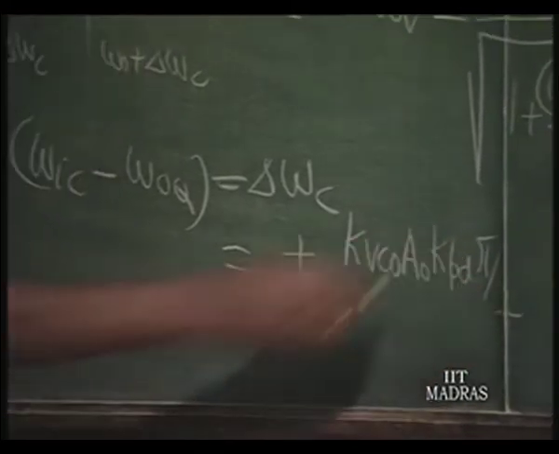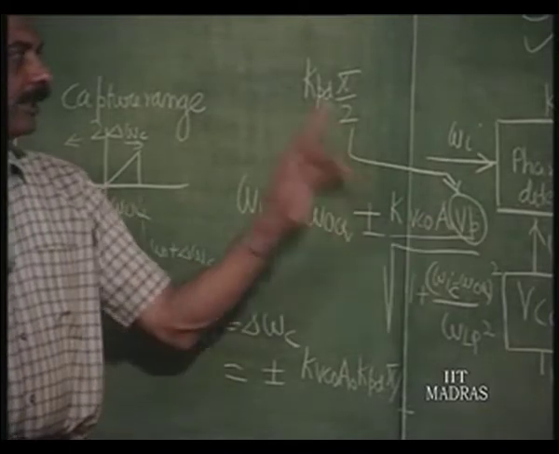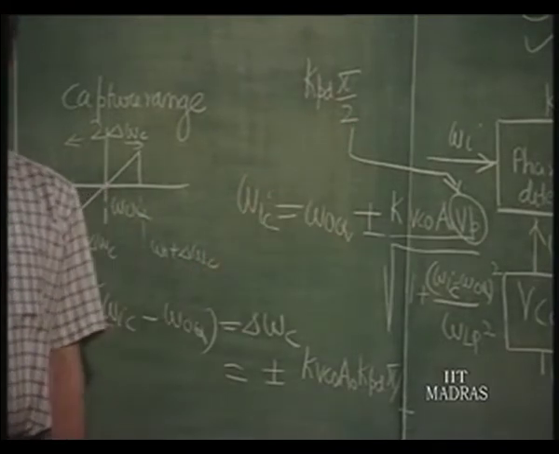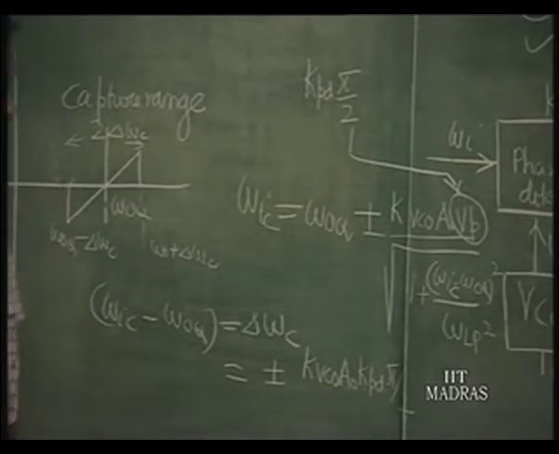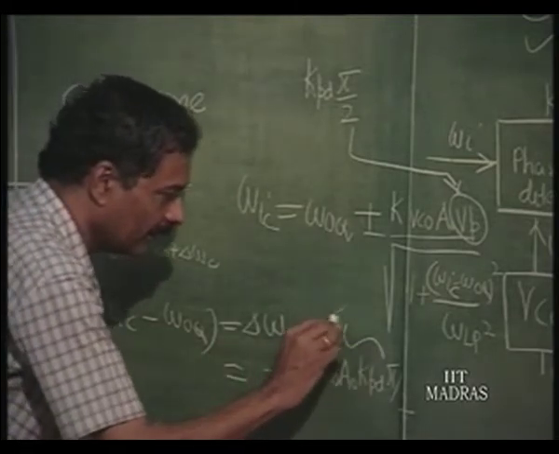What is that? K VCO A naught Kpd into pi by 2 is already defined by us, if you remember, as delta omega L. This whole thing is delta omega L.